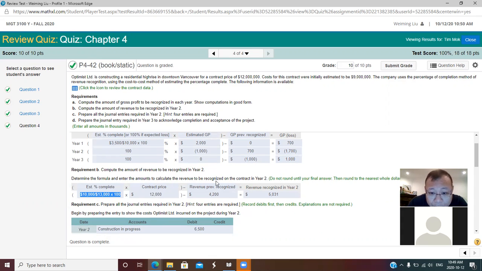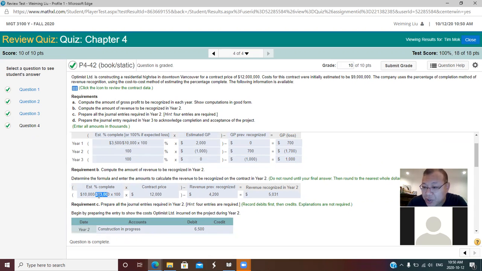Because this is year two. They are asking you to determine the formula, enter an amount to allocate the revenue. This time they are not asking about the gross profit, they're asking about the revenue to be recognized in year two. In year two, cost incurred to date is 10 million, and the total expected cost is 13 million.